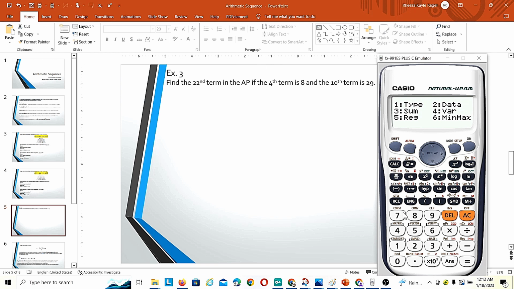It is just Y hat. 5 and then Y hat. Insert the 22nd term, and there you have it. The answer is 71. So try to solve this yourself using the long method and find out if you are getting the same answer.